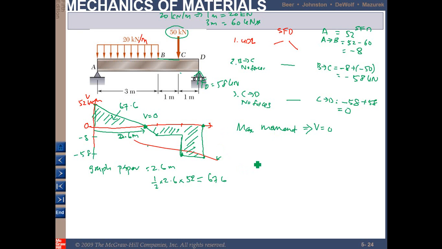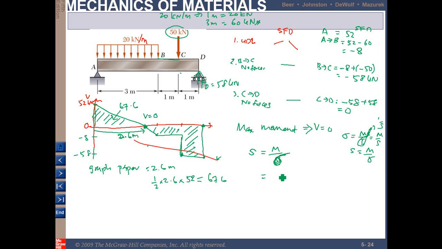Okay, to find the value of minimum acceptable beam section modulus, which is S, because the equation is stress is equal to M times C over I, or M over S, so S is equal to M over stress.